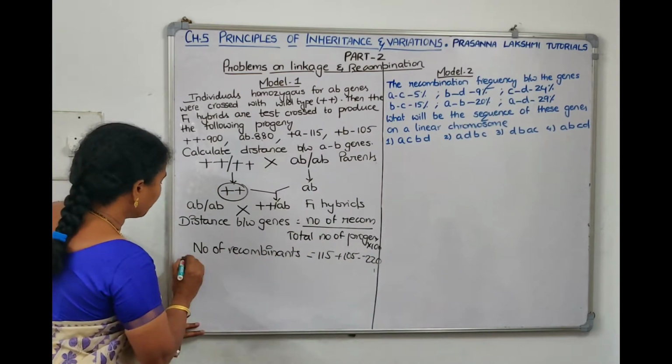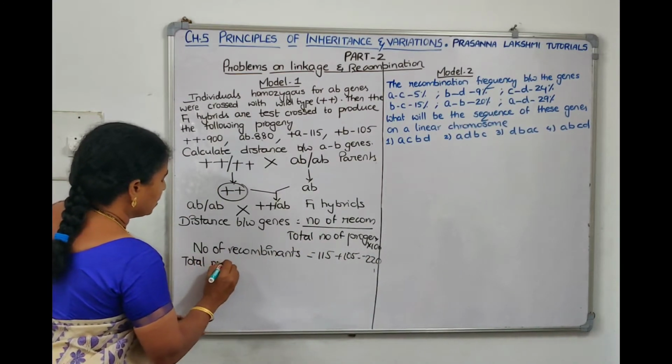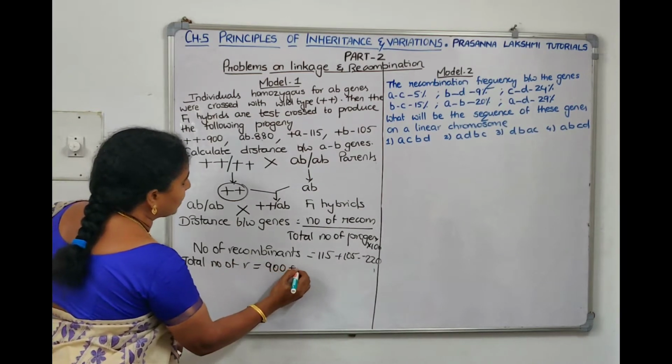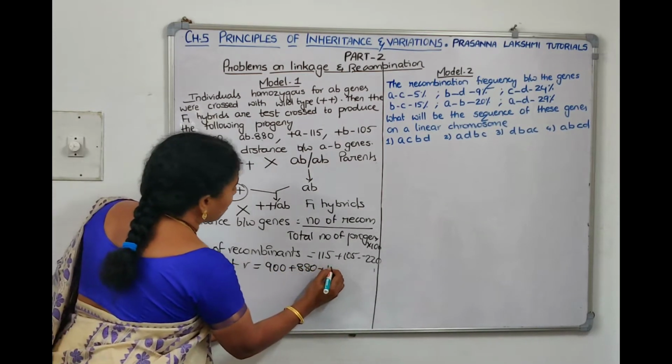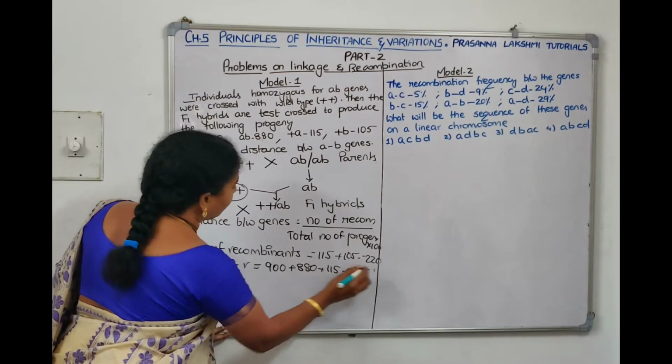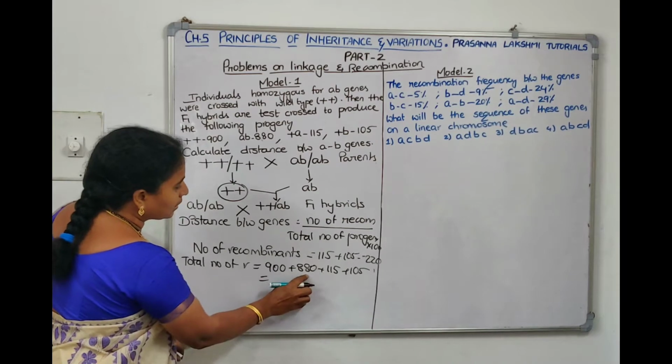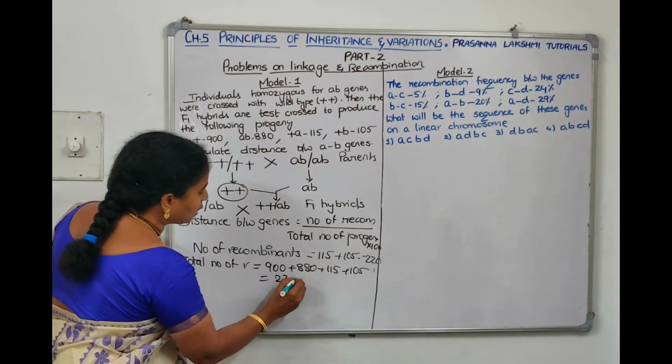And then the total number of progeny, if you have to calculate, you have to add 900 plus 880 plus 115 plus 105. Then it will be 2200.